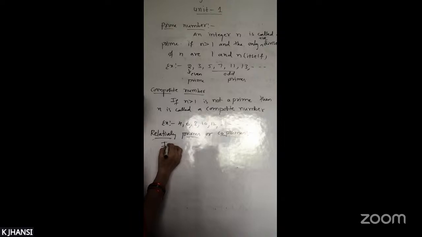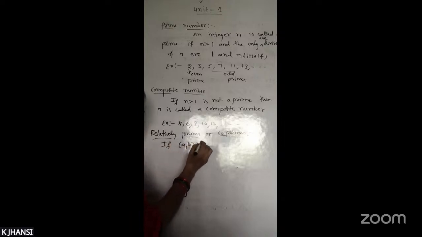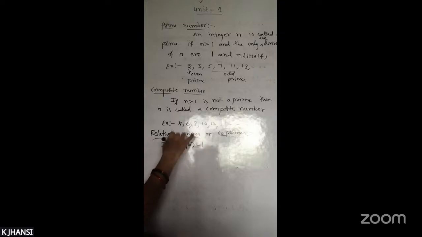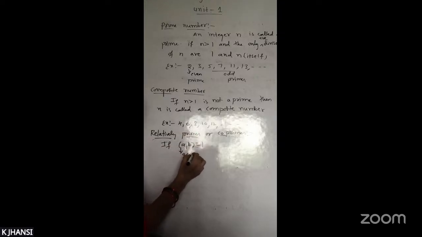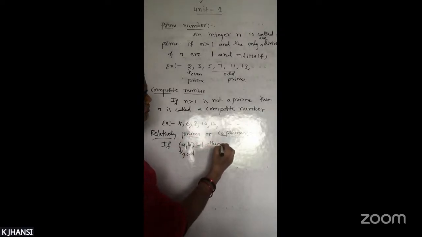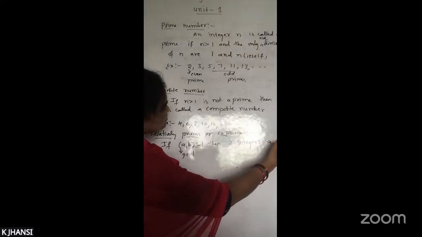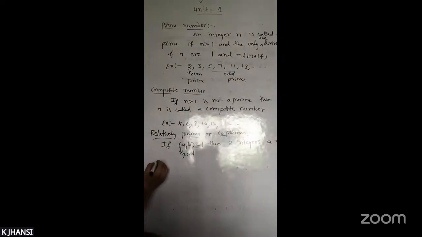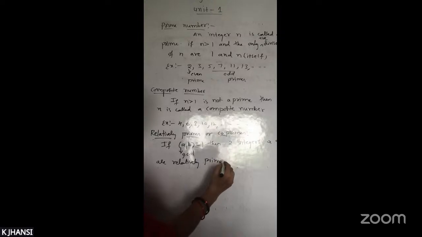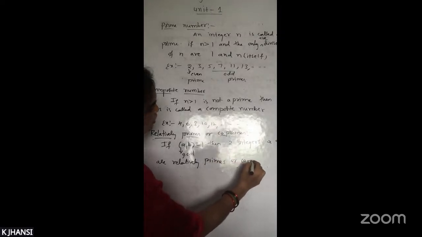If (a, b) equals 1, then a and b are relatively prime.